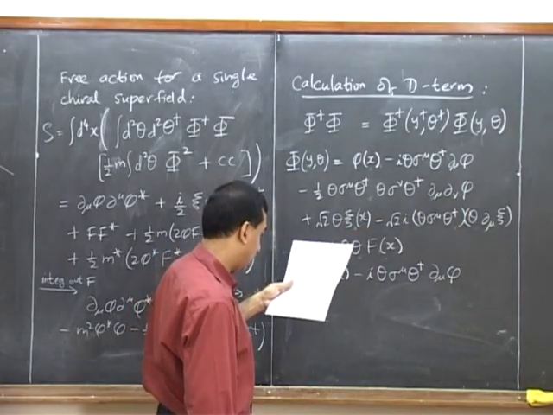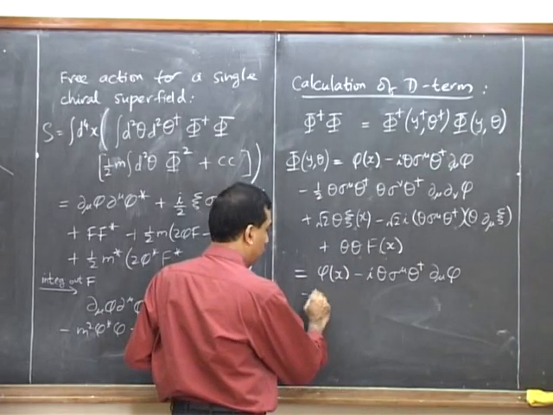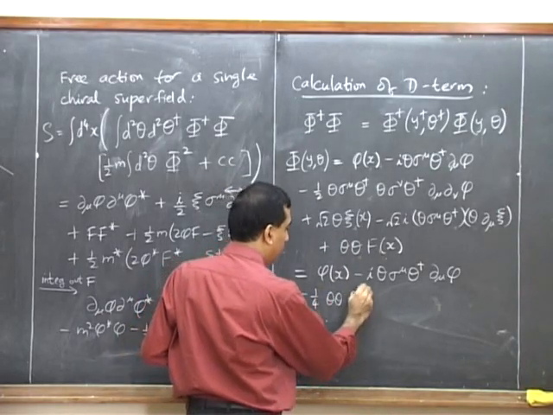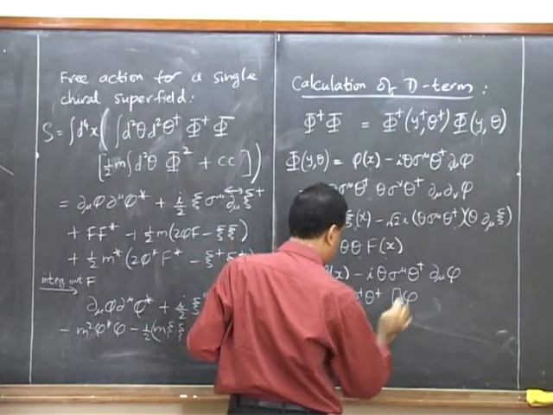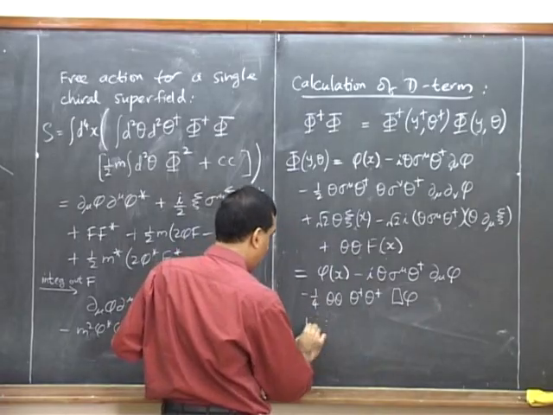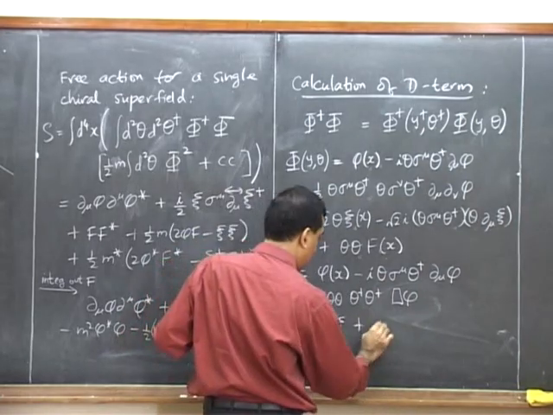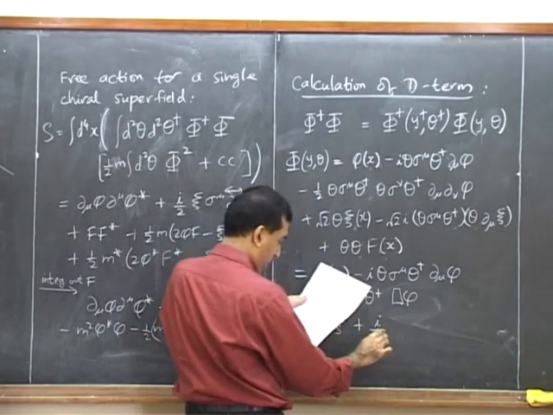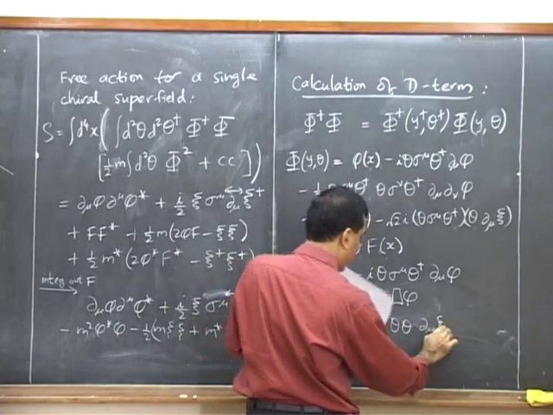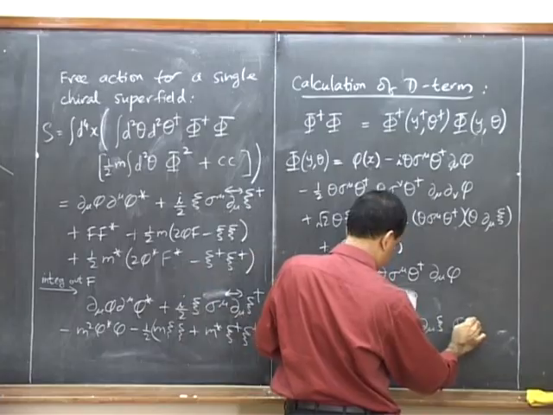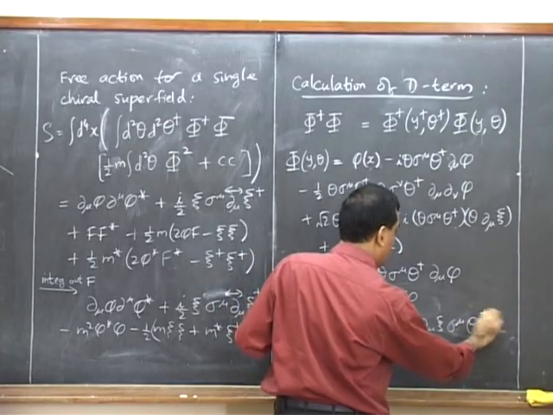So it will be, with all the signs and factors right, minus 1 by 4 theta dagger, box of phi, plus root 2 theta psi plus i by root 2 theta del mu psi sigma mu theta dagger.